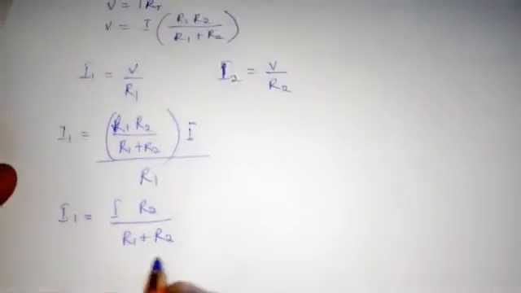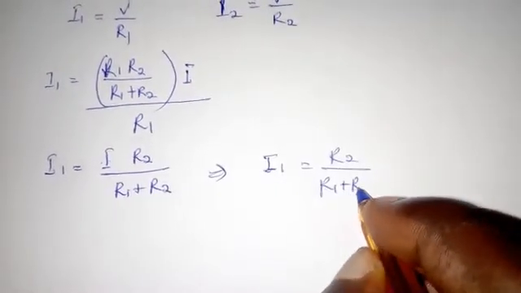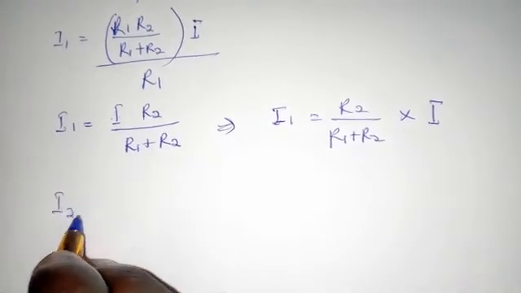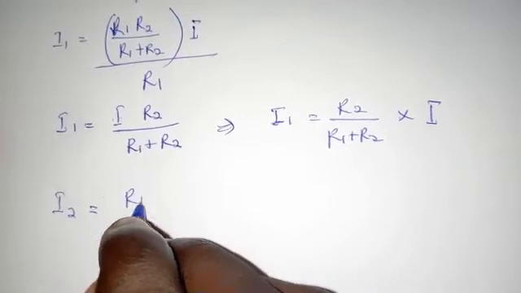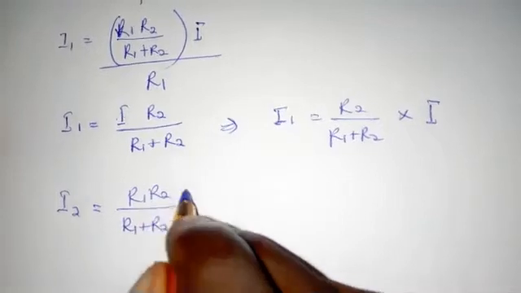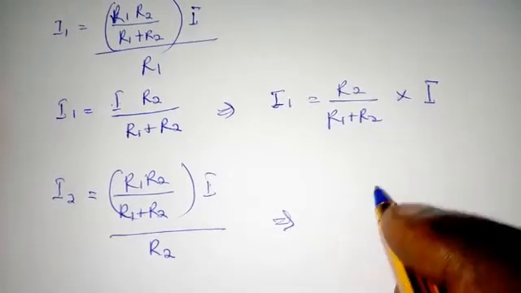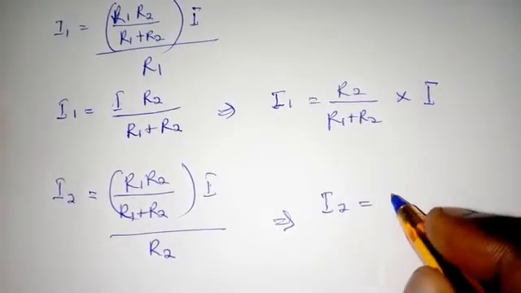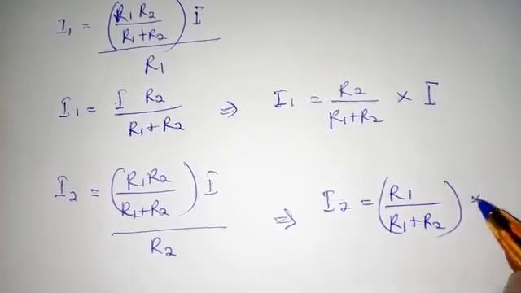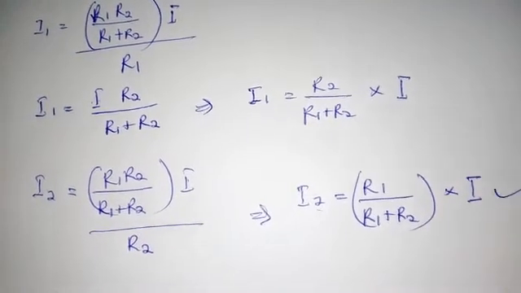We can rearrange this as I1 being equal to R2 out of R1 plus R2 multiplying I. Similarly, when you do that for I2, you get R1 out of R1 plus R2 all out of R2, and this turns out to be I2 equal to R1 over R1 plus R2 multiplying I.